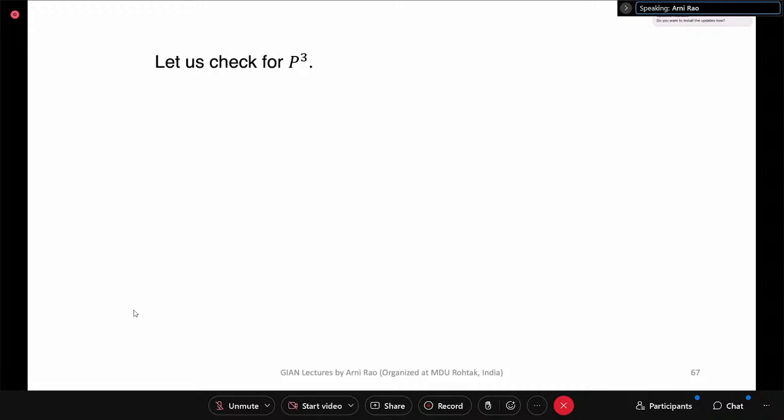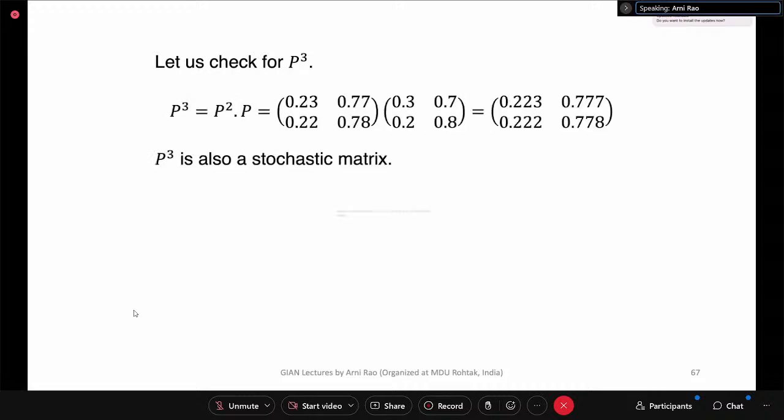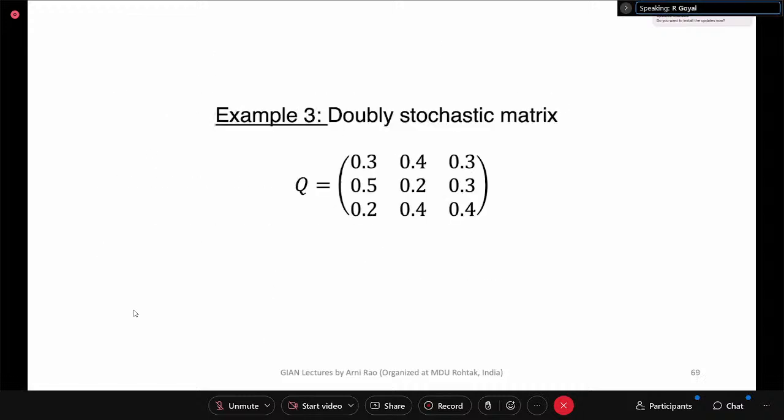So what is this doubly in the doubly stochastic matrix? Doubly stochastic means the sum of the rows is equal to 1 for each row, and the sum of the columns is also equal to 1. If each row sum equals 1, it's a stochastic matrix. If each column sum equals 1, it's also a stochastic matrix.